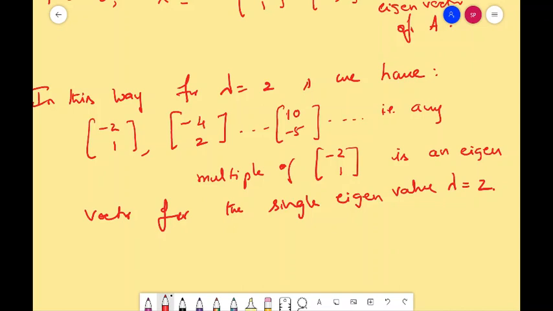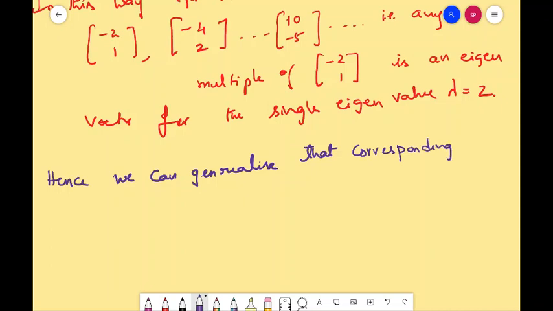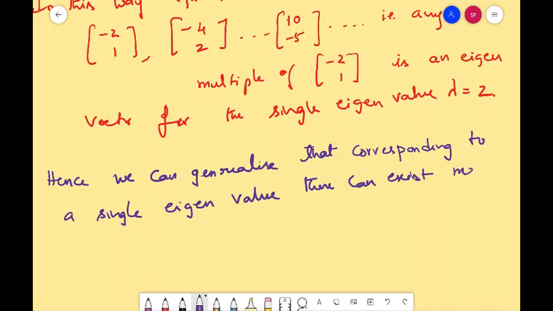So hence we can generalize that corresponding to a single eigenvalue, there can exist more than one eigenvector.